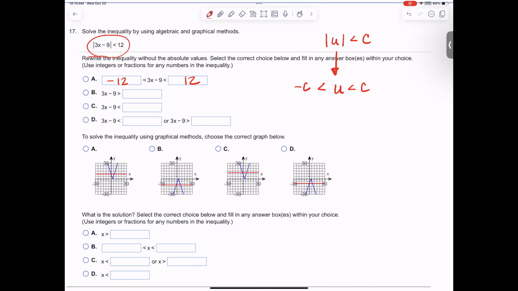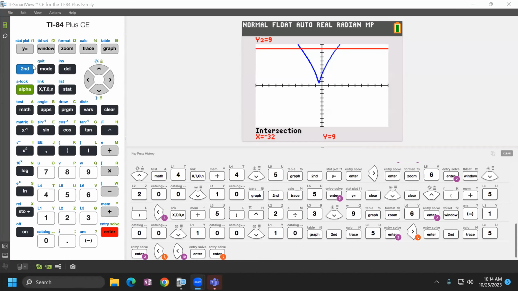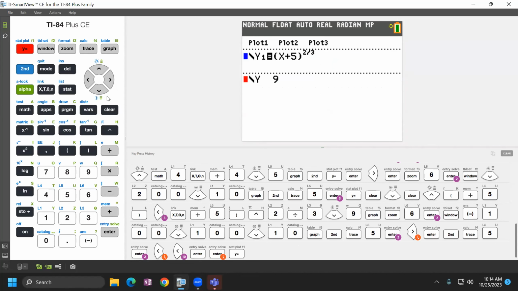Now, the second thing it says is, okay, then what's the graph look like? Well, let's go graph it. I'm going to go into my calculator and graph this.